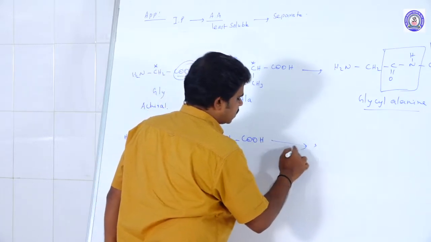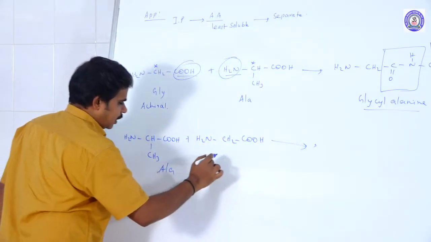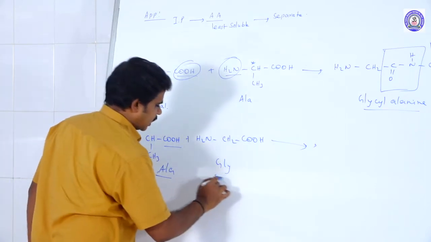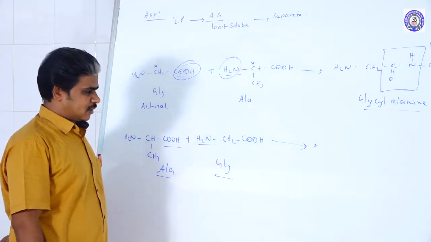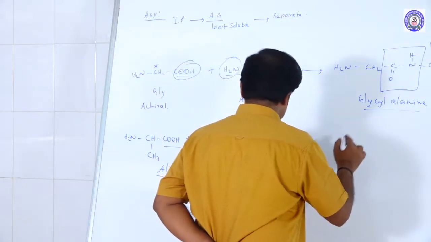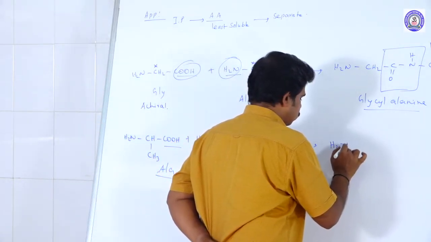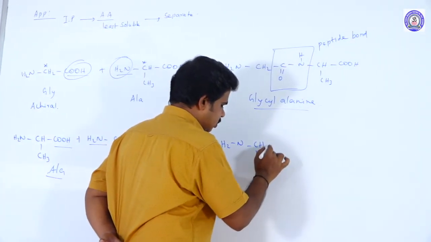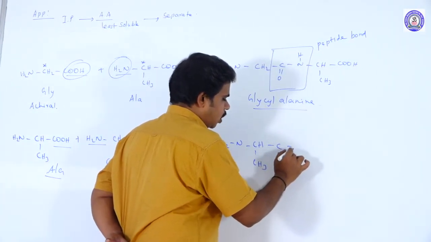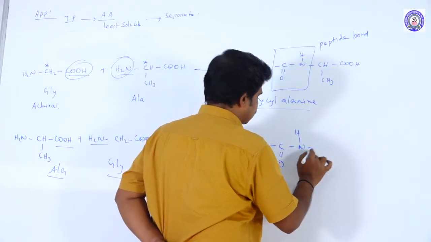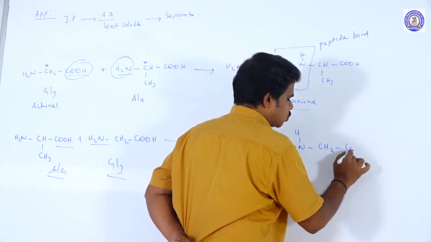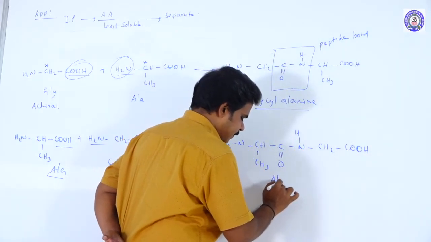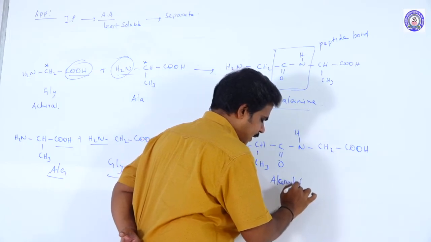Now, what is the reaction? The alanine COOH group and the glycine NH2 group are reacted. Then we get H2N-CH(CH3)-C(=O)-NH-CH2-COOH. Now it is alanylglycine.